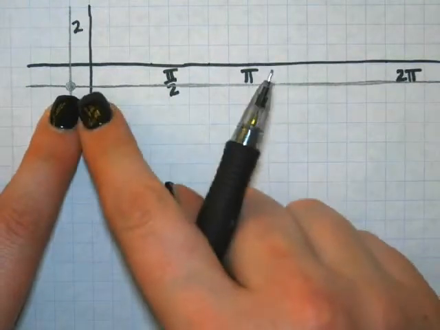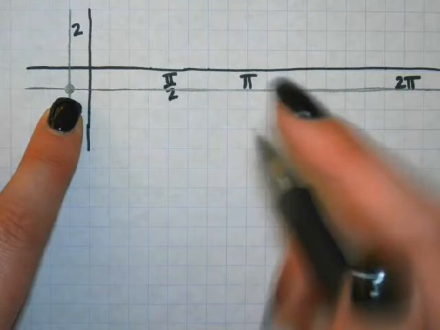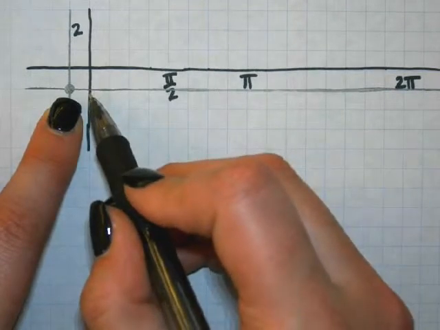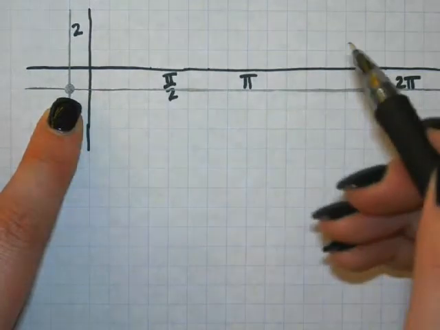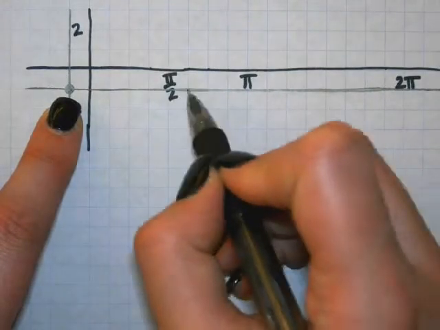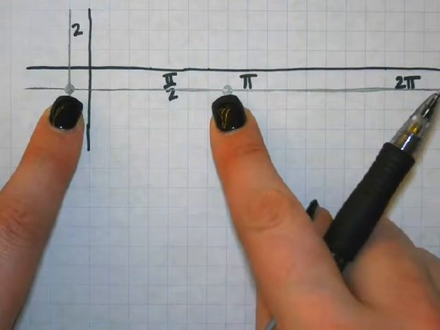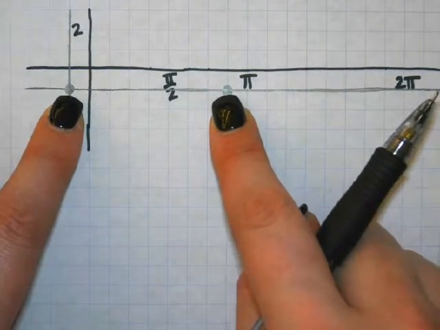Now, because I shifted left, I can't go over to pi because that would be a little bit off. So I'm going to count 8 boxes because I know 8 boxes is how far the period was. 1, 2, 3, 4, 5, 6, 7, 8. So there's my beginning and my end. And I'm going to put a dot at 0 in the middle. So that's 4 boxes.